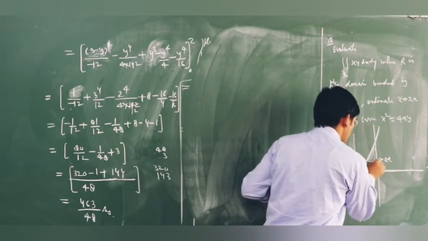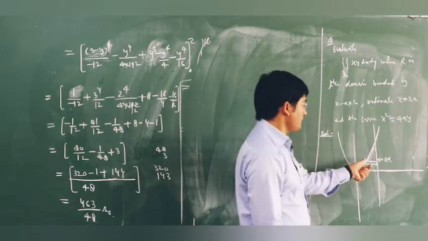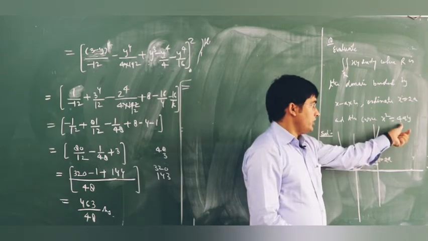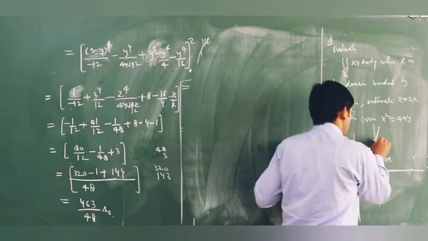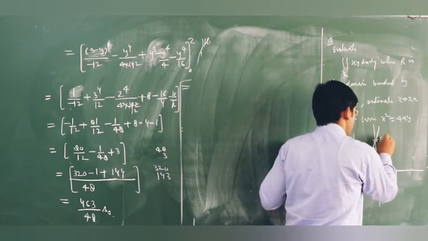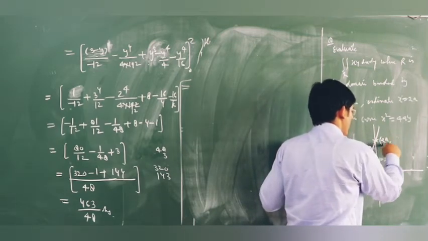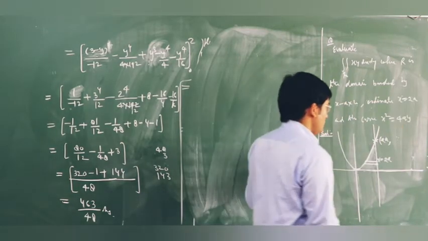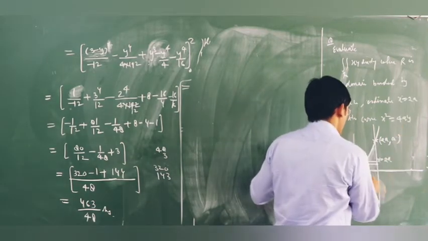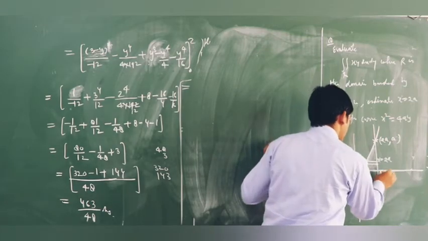And so the limits will be: x will vary from 2 root ay to x equal to 2a, and for y, let us find the intersection. Put x equal to 2a here, so this will be 4a square, so we have y equal to a here, and this is the origin.